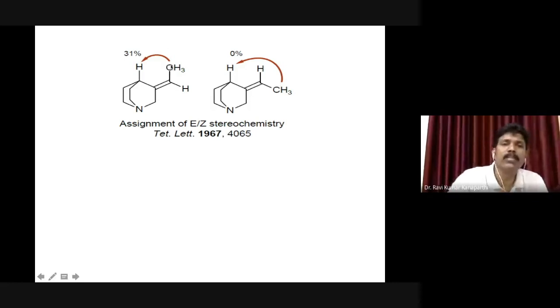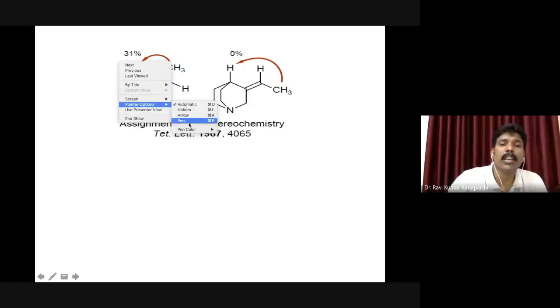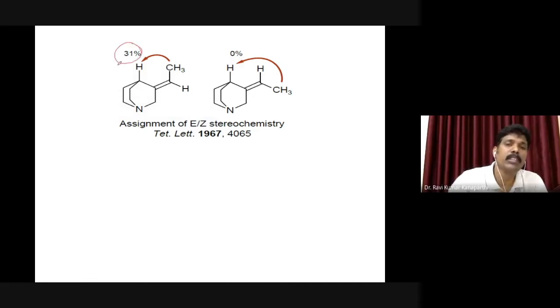If you try to see the NOE enhancement of this proton and this proton, since they are very close by, you will see a nice NOE enhancement up to 31%, right?